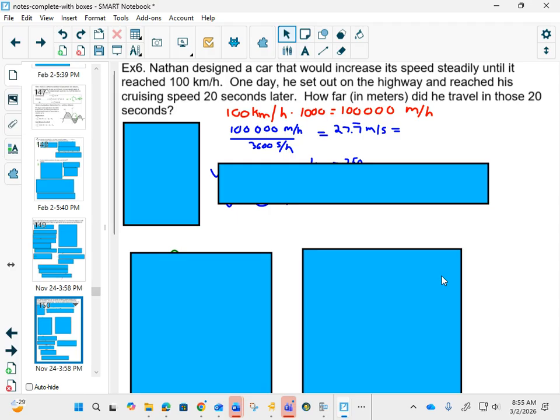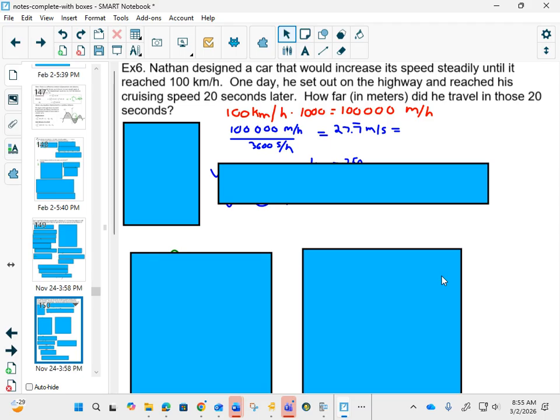First of all, we'll probably have to do some conversions here, because we've got 100 kilometers per hour, we've got seconds, we've got meters. So we're going to want to deal with everything in the same units. So 100 kilometers per hour times 1,000 would be 100,000 meters per hour.